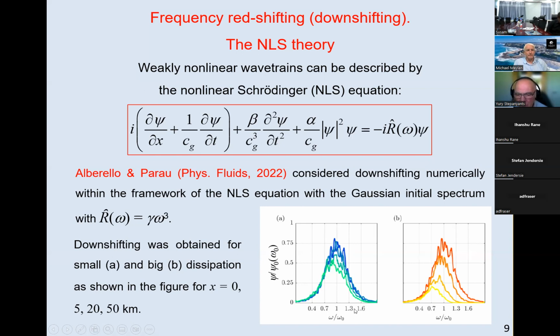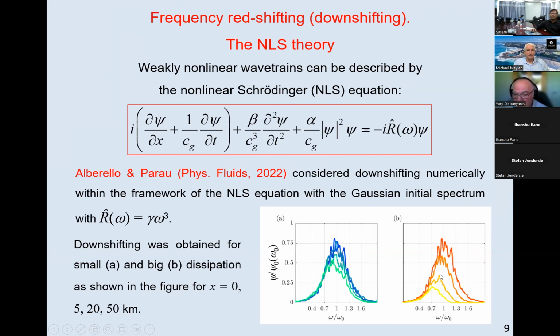This panel corresponds to a relatively small dissipation coefficient. For a bigger dissipation coefficient, the downshift of frequency is quite notable if we compare this yellow line with the red line in the initial instant.